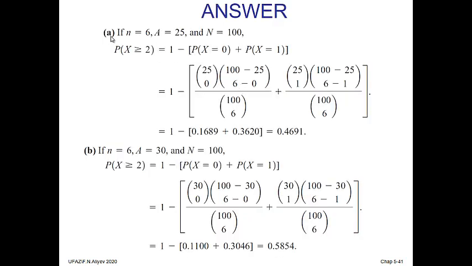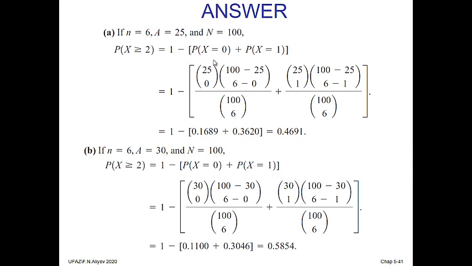For the first A, you see n is 6, A is 25, capital N is 100. In order to find the probability that x is greater than or equal to 2, you may find the probability of x equal to 0 plus the probability of x equal to 1, and subtract this from 1.